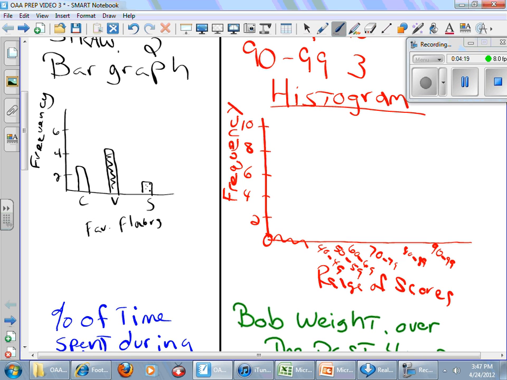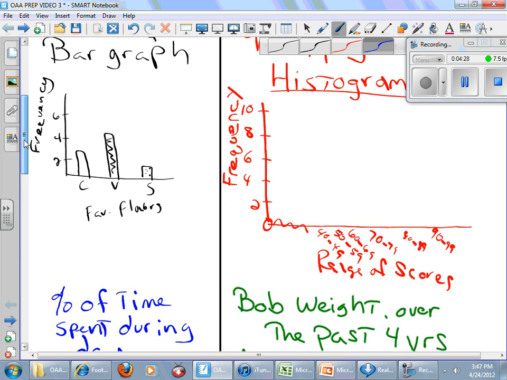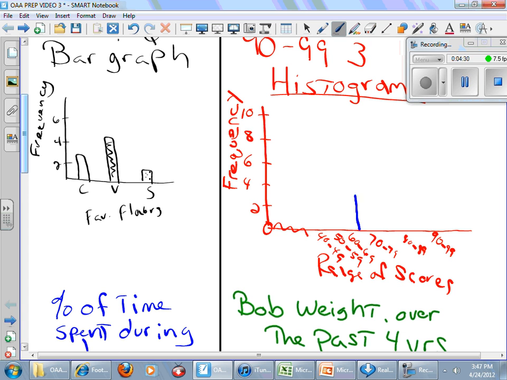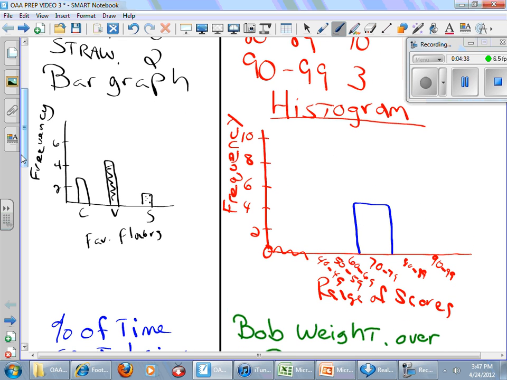So with the histogram, here's how this works. My first one shows up in the 70 to 79 range, and there are 5 of them. So from here, I'm going to go up to 5, and then over to there. Now, the 80 to 89 goes up to 10. I'm going to use part of the wall of the first bar and take it over like that.